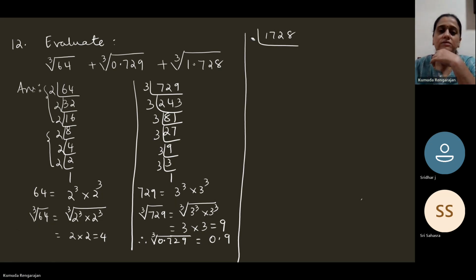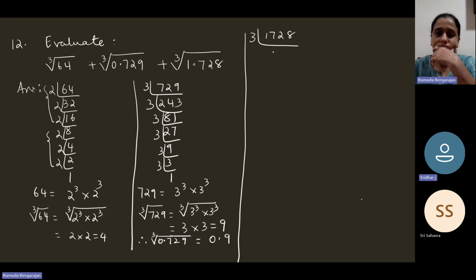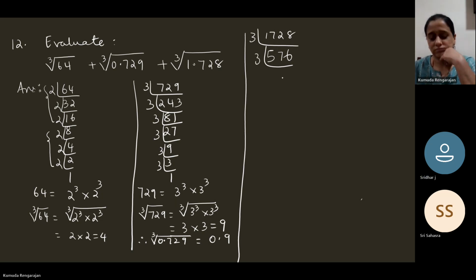Should start with 2 always. 576, ma'am. Okay. Then 3. 192, ma'am. Very good.